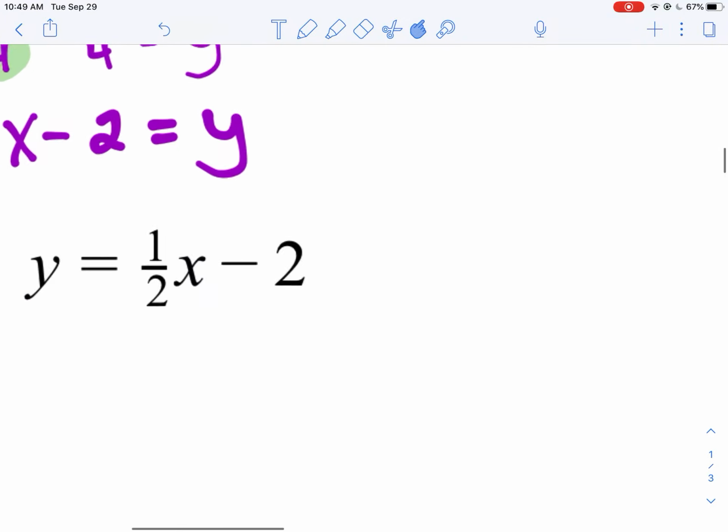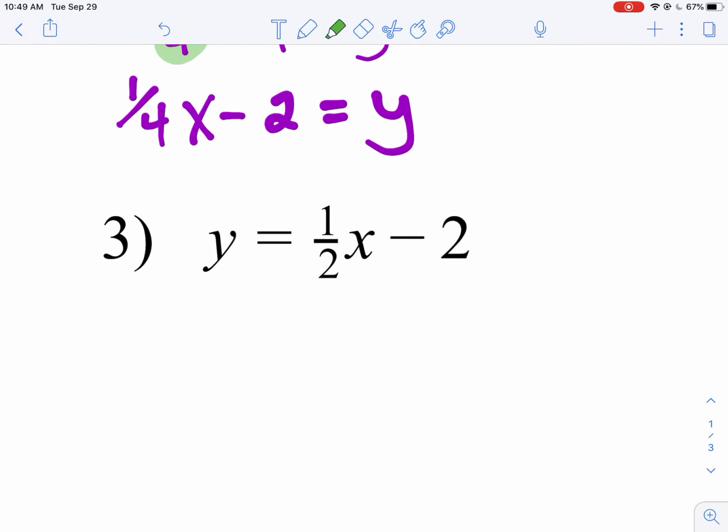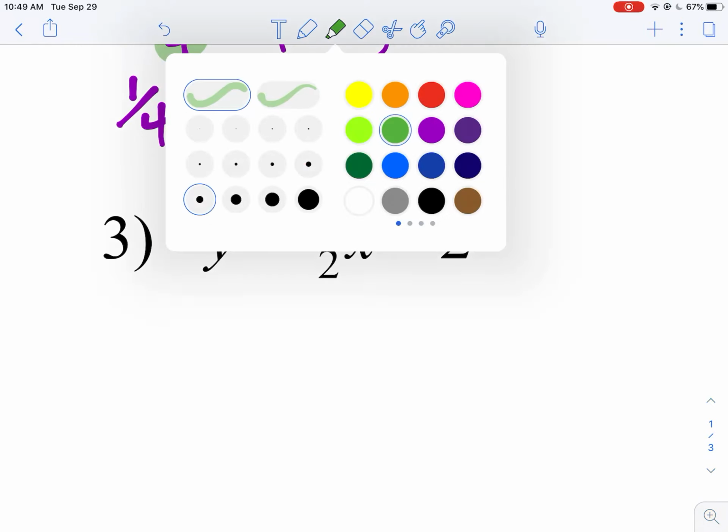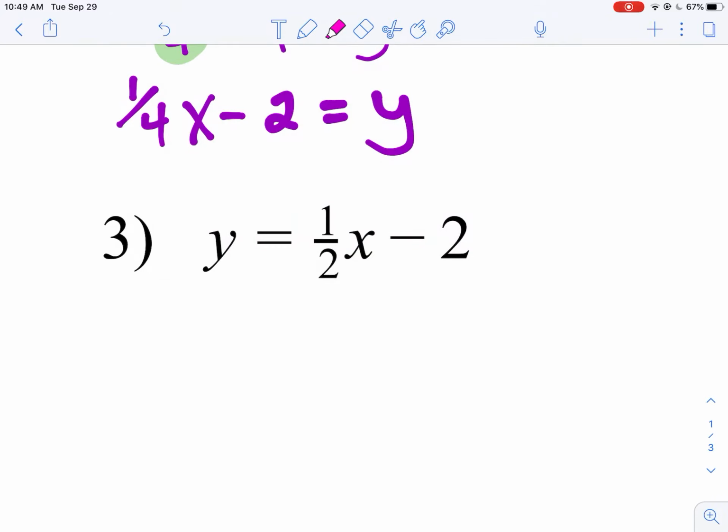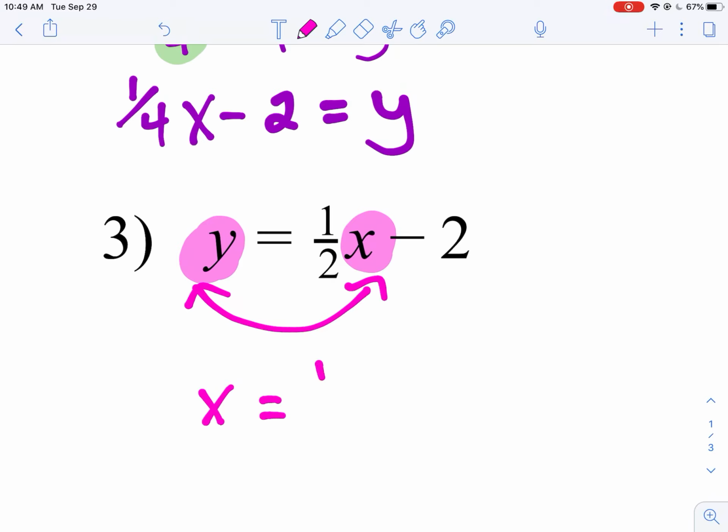Let's try number 3, excuse me. So again, I'm going to figure out what my variables are, y and x, and I am going to swap them out. Y becomes x, x becomes y. Because again, with an inverse function or an inverse relation, the inputs and outputs trade places.